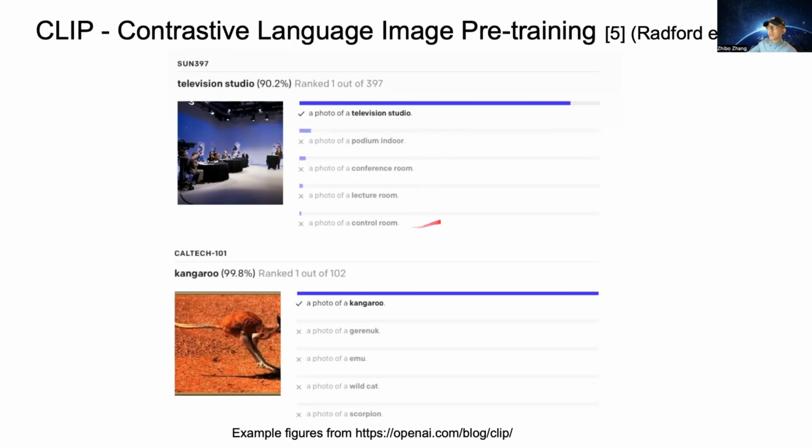The conference room, lecture room, they're not too different from each other, right? But the model is still able to successfully tell the concept of the image with a very high confidence. Okay, same thing here for the kangaroo object. So this is from their official blog. If you're interested, then you can browse some more exciting examples there. Okay.